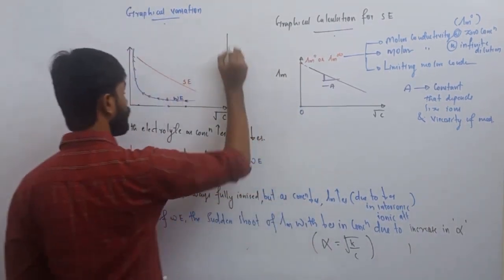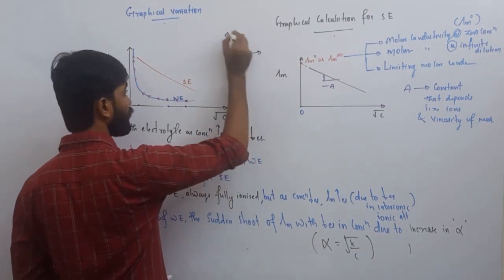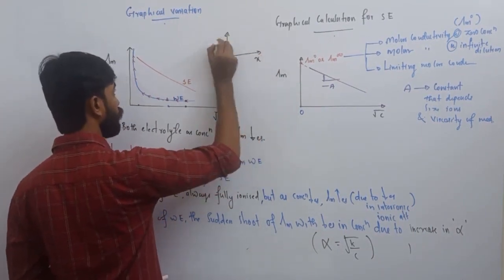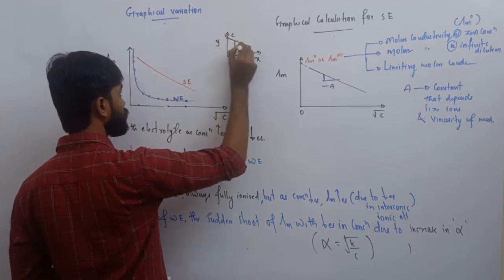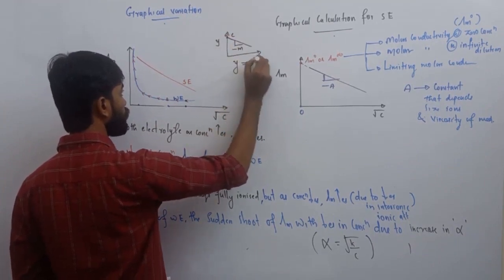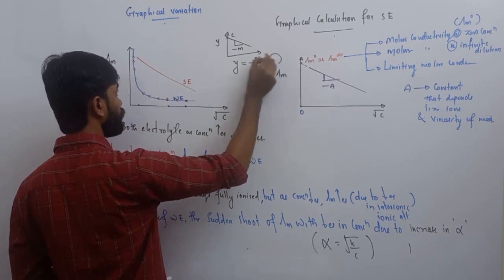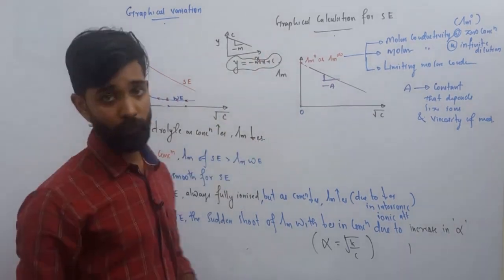I think you are all familiar with the straight line equation, y equals minus mx plus c, with a negative slope m and intercept c.